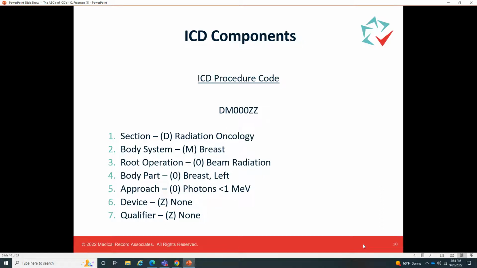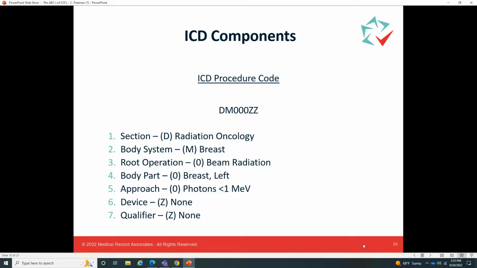So this code started in the radiation oncology section. 2, body system, M, breast. 3, root operation, beam radiation. 4, body part, left breast. 5, approach, photons, less than 1 MeV. 6, device, Z, none. And 7th, qualifier, Z, none.